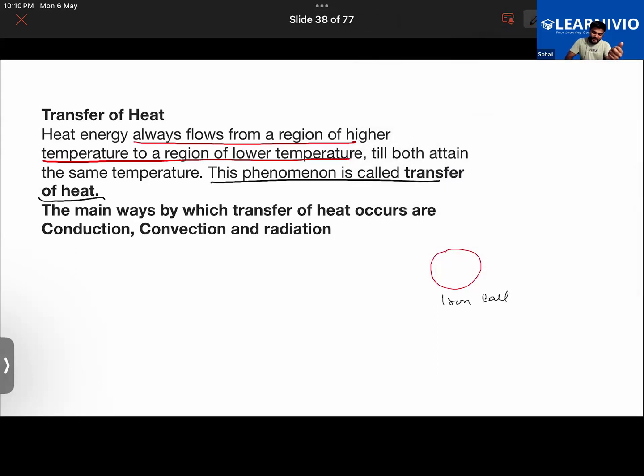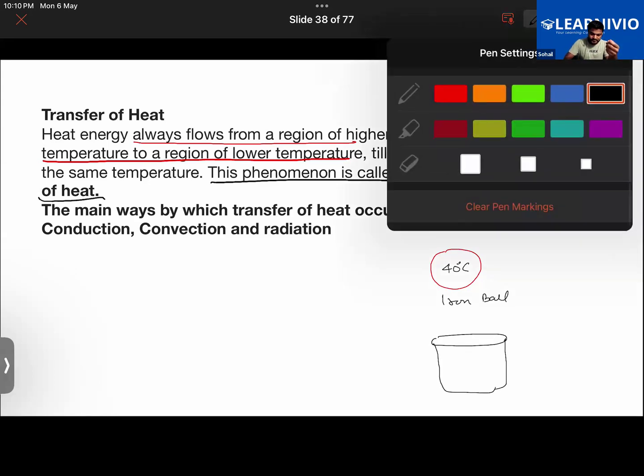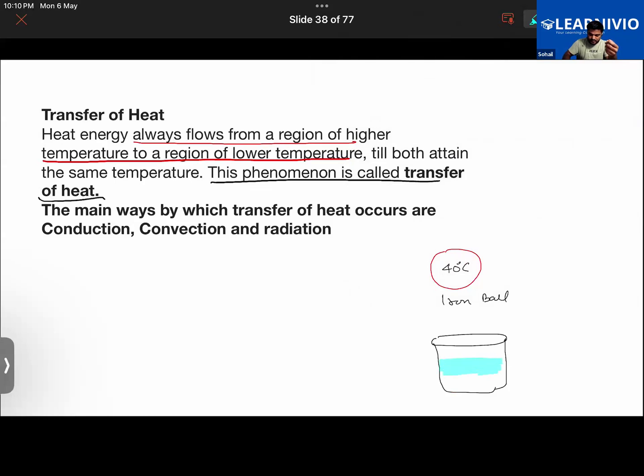Now let's say I am dropping it in a bucket filled with water, and the water is also having the same temperature. That is the twist. It is also 40 degrees Celsius.